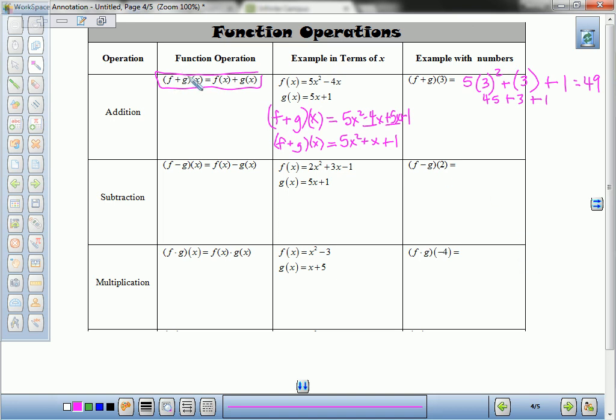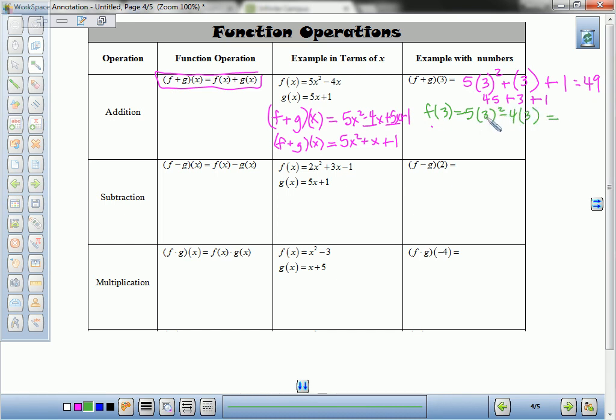Now, because this sum is actually equal to the sum of the individual, we could have done f of 3 and g of 3 and just add those two individual ones together. Whichever one's easiest to you. I think since we just found the sum, the first way is much easier. But let's take a look. I'm going to change colors so you can differentiate between the two. So if we do f of 3, that is 3 squared minus 4 times 3.